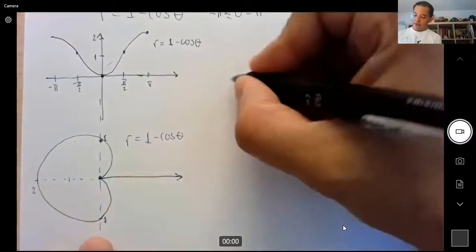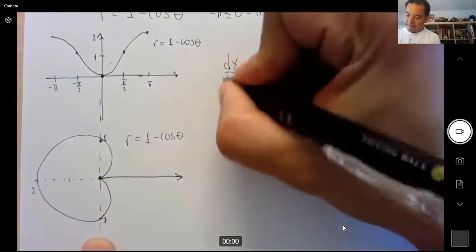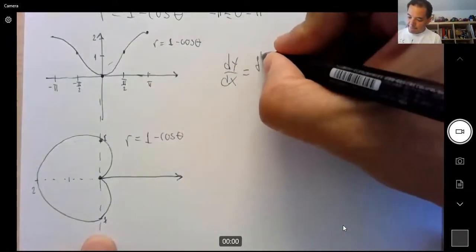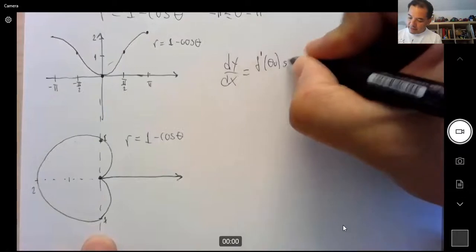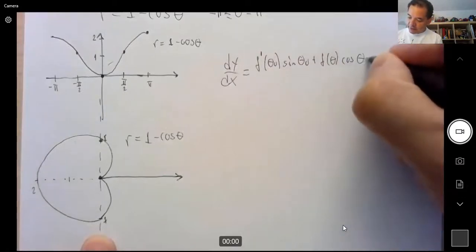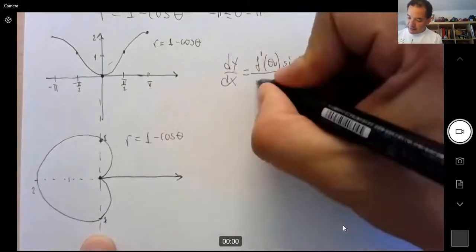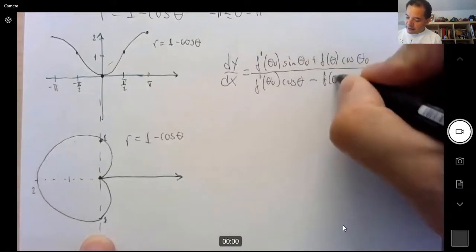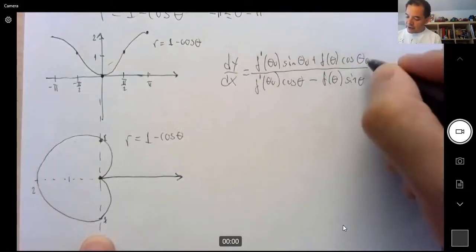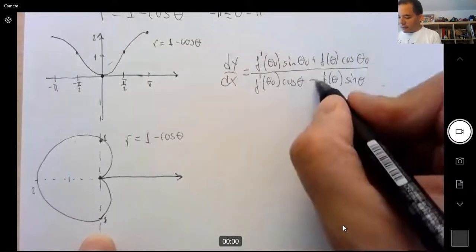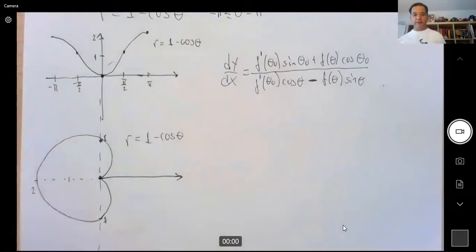Okay, so here's a formula. dy/dx is f prime times sine plus f times cosine, divided by f prime times cosine minus f times sine. Notice how it alternates. So this is sine cosine, and then this is cosine sine, and in the bottom one you have the minus sign. All right, that's a way to remember it in case you want to memorize it.